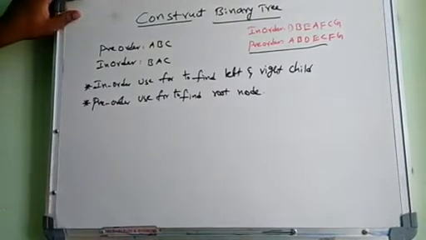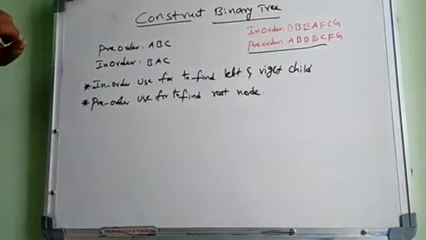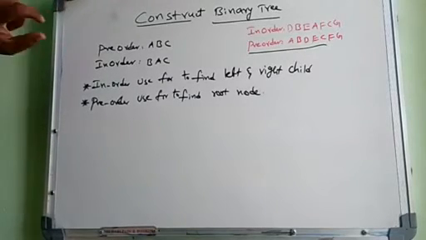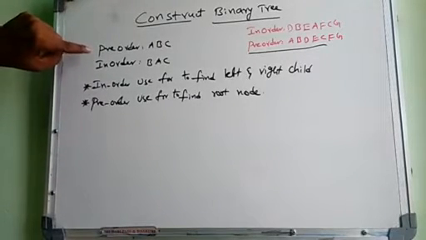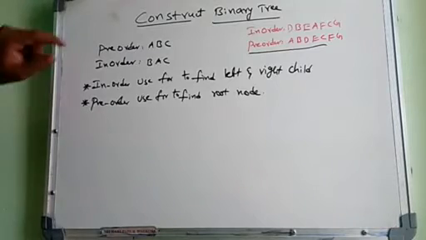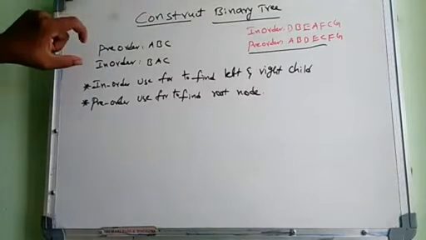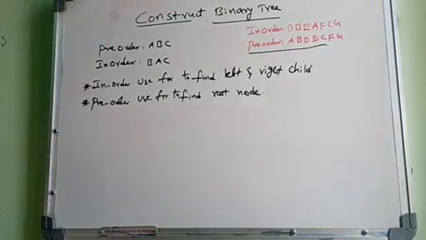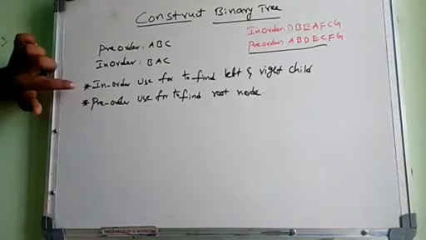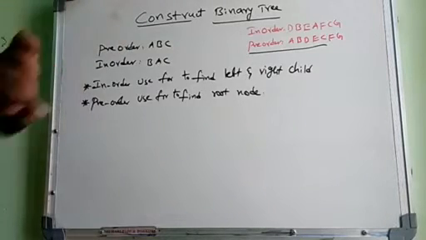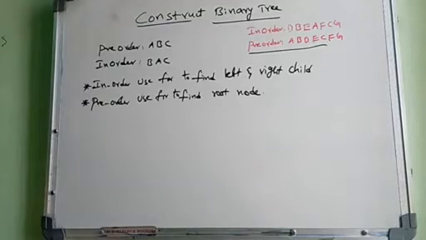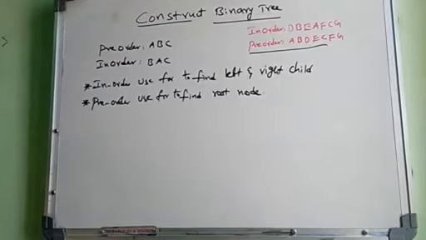Once again, in the question the inputs are in-order and pre-order, and the task is to construct a binary tree using these two orders. In-order is used to find the left and right children of the tree, and pre-order is used to find the root or parent node of the tree.